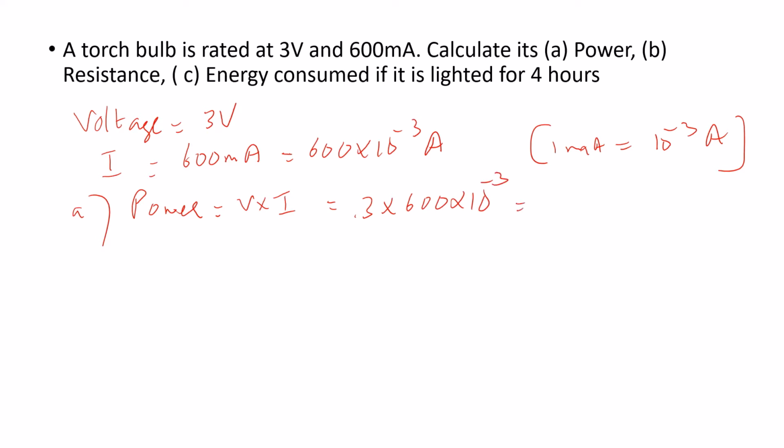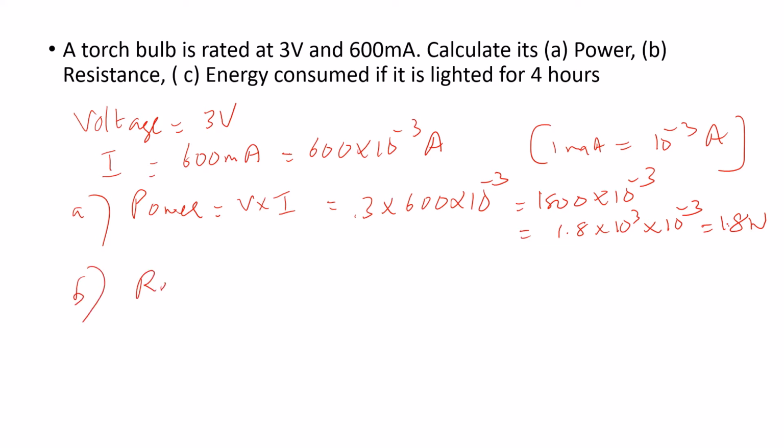So when you multiply, you'll get 1800 into 10 raised to minus 3, or it is 1.8 into 10 raised to 3 into 10 raised to minus 3. So we will get 1.8, and it is volt ampere. Volt ampere is watt. 1 volt ampere is equal to 1 watt. So the first part is done.